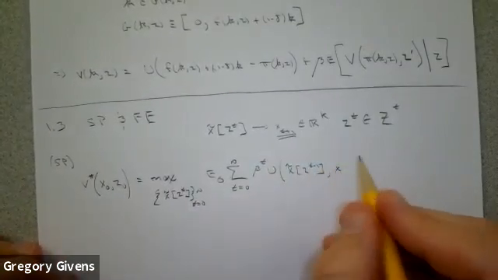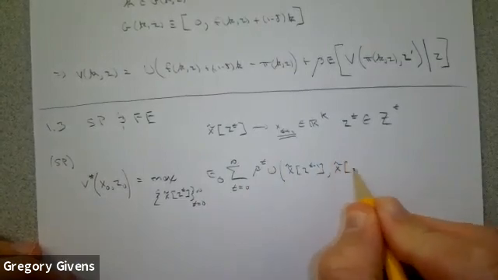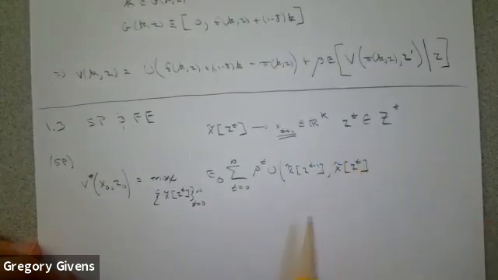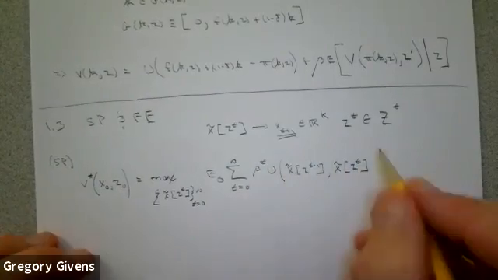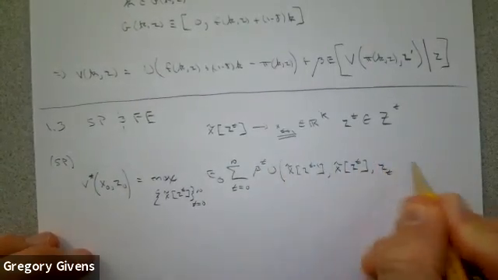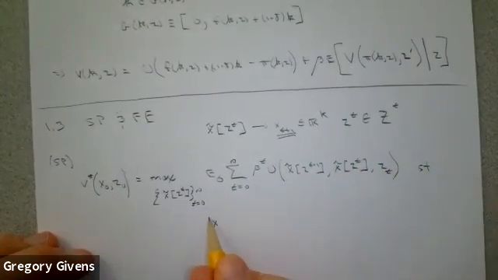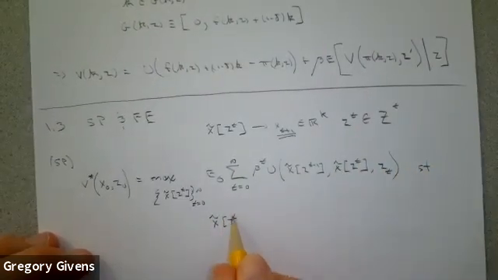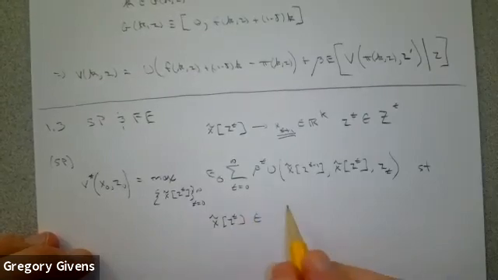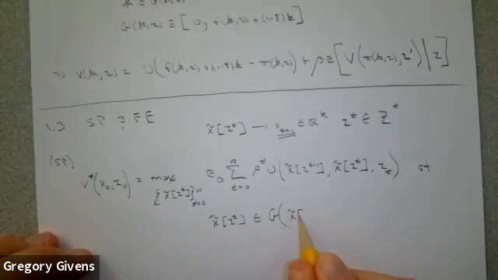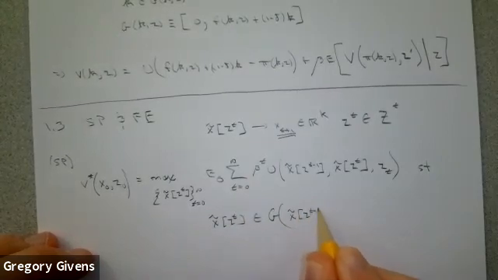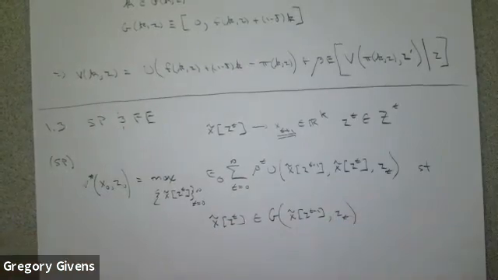That's the state. The control is x tilde of z superscript t, that's x t plus 1. And then also the current shock. Subject to the control being an element of the constraint set G, which depends on x t and z t. Okay?